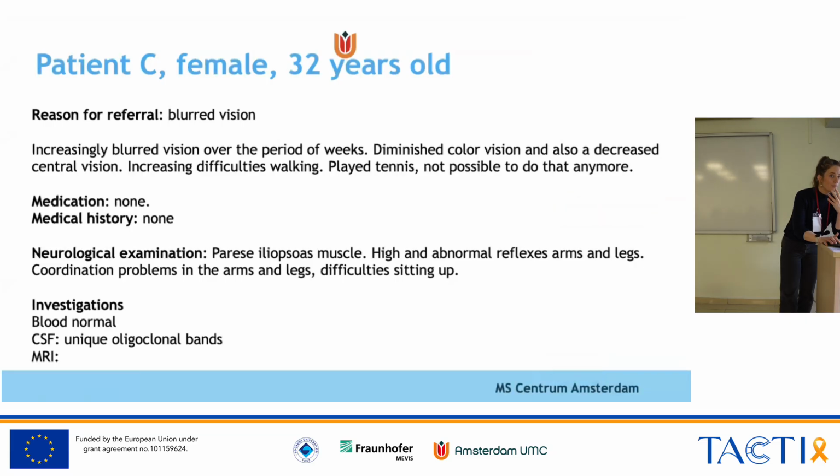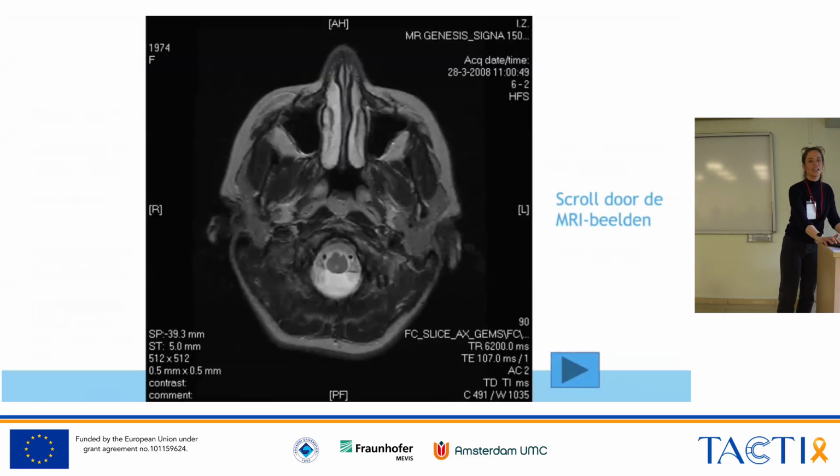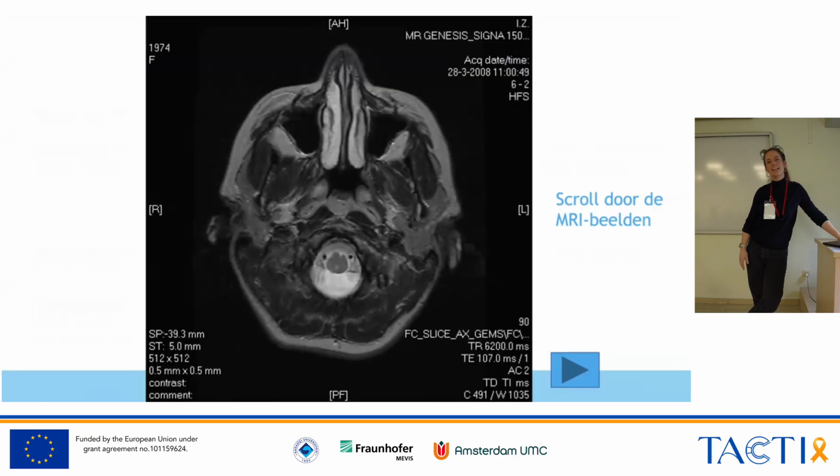Can I ask? Yeah, sure. You said she has blurred vision in past weeks. But when you show the lesions, there are many lesions in her brain MRI. So when does an MS patient understand that there is something wrong in her movements or vision or any other symptoms?